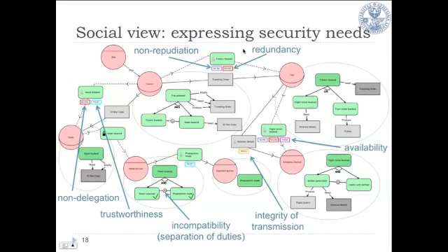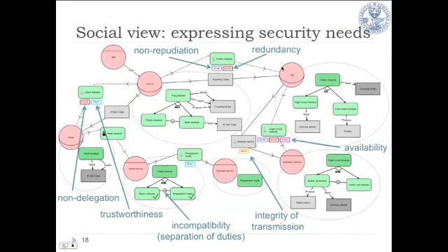To give you the overall view of how the security needs are expressed in the social view, starting from the scenario we showed at first, we capture through all the different interactions the security needs of the actors' interactions. For instance, the tourist is expressing a non-repudiation security need when delegating tickets booked to the travel agency service.